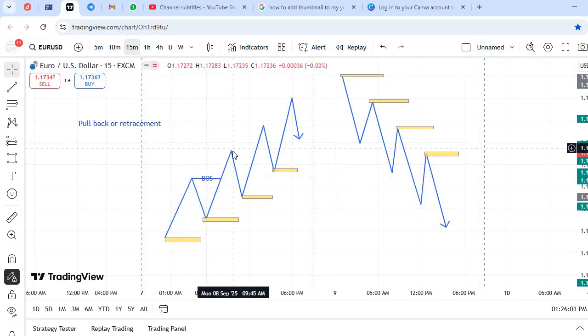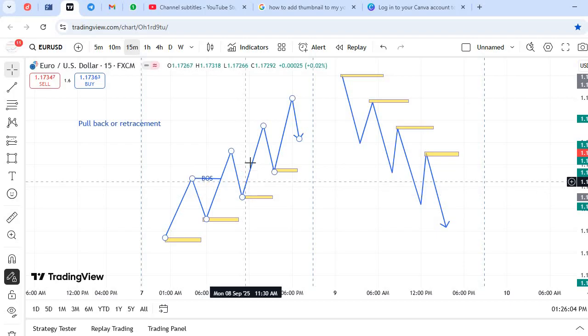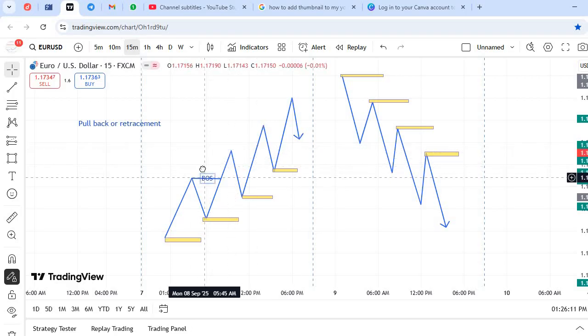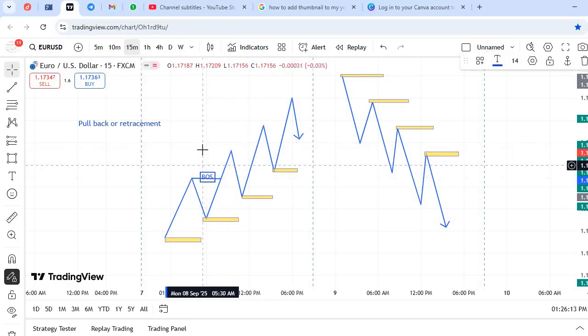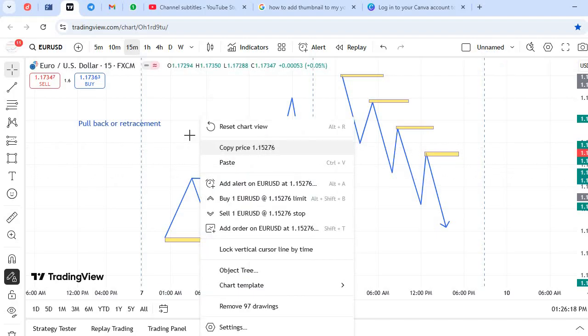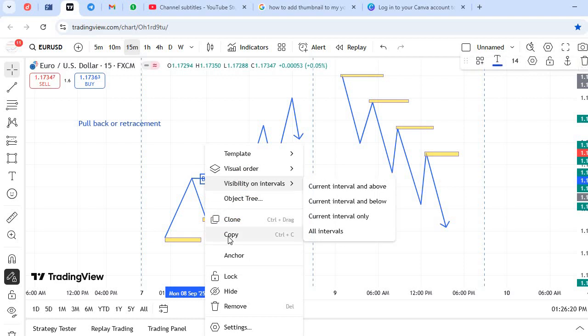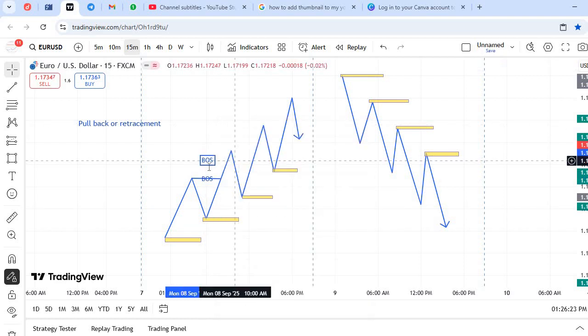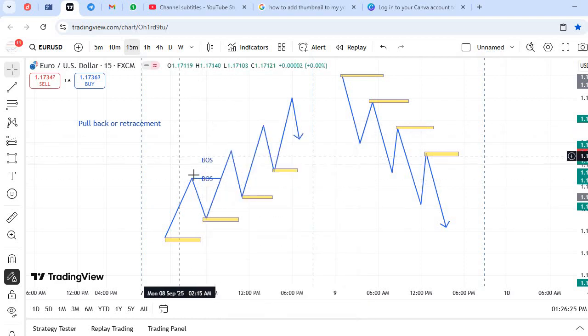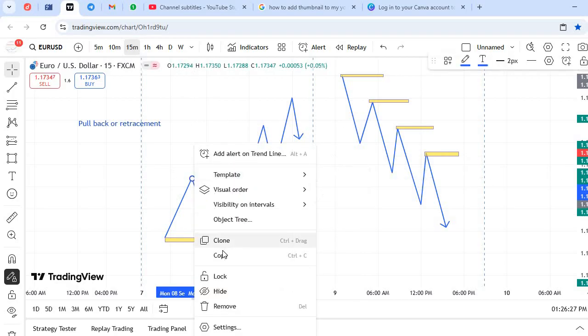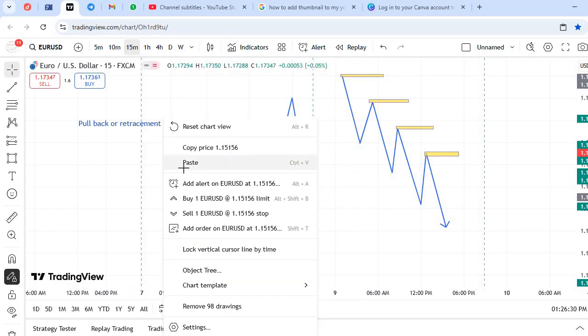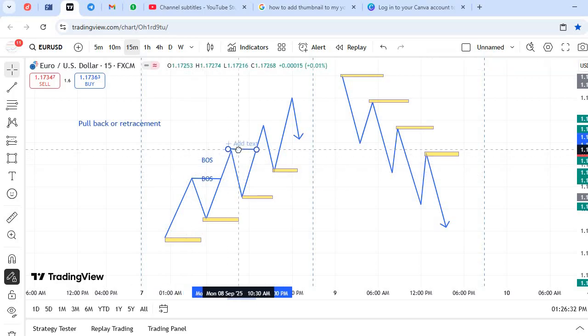So we had a pullback and an impulse move, and this high now has taken out this last high. So we're having another what? Another break of structure. Can you see?